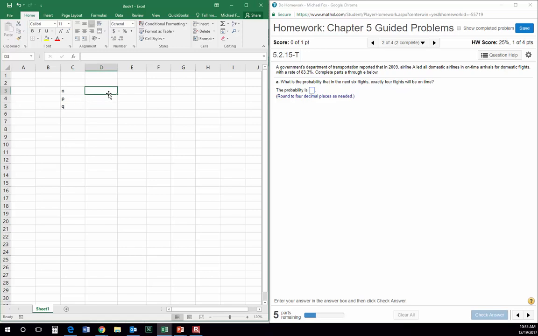It says, what is the probability that in the next 6 flights, exactly 4 flights will be on time? So the number of trials is 6. Our probability of success is 0.833, or 83.3%. And then our Q, our probability of failure, is 1 minus our probability of success.